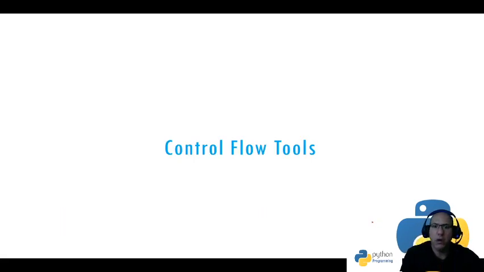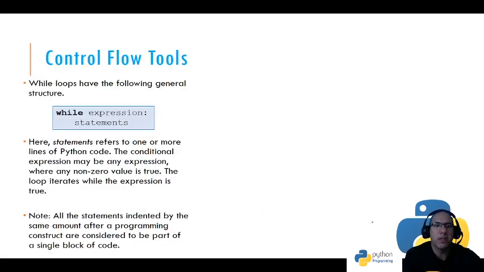So the control flow tools in Python, first of all, the loops. In Python, we have two loops. The first one is the while loop, and the other one is the for loop, which we will come to later. Loops start with a logical expression followed by a colon and then a set of statements.